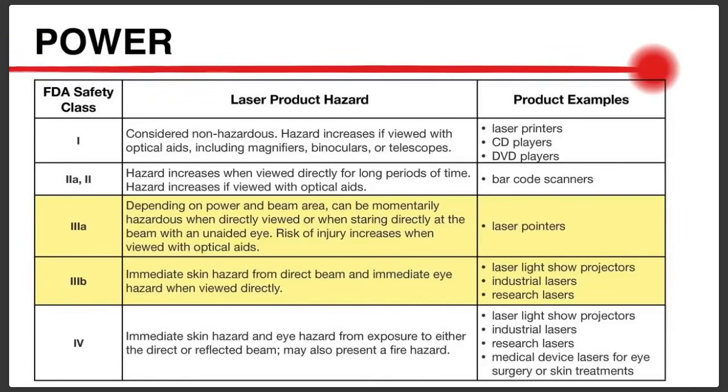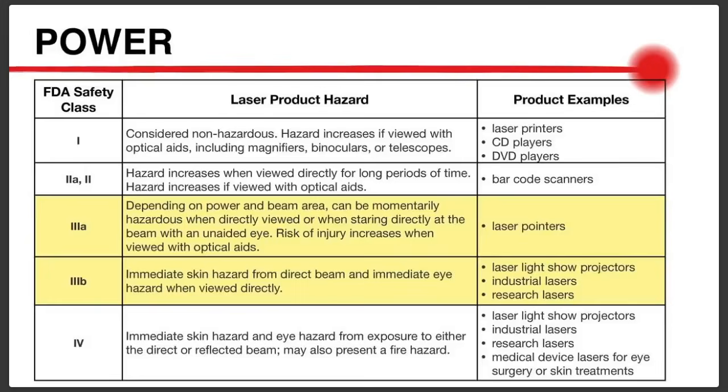3A and 3B, you see I've highlighted those yellow, and that's because the majority of lasers on the market fall into one of these two categories in the applications that we're talking about. So 3A can be potentially dangerous, and it's more dangerous if you use an optical aid, a magnifying glass, glasses, something like that. Most laser pointers are 3A lasers.